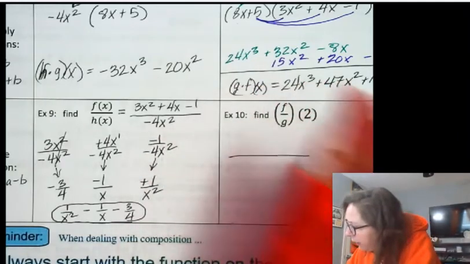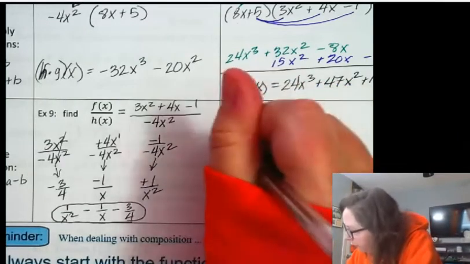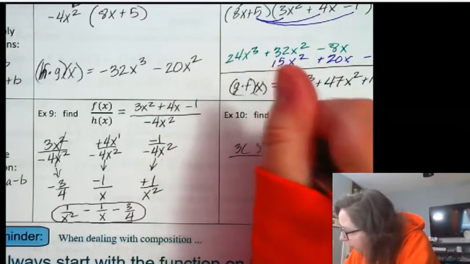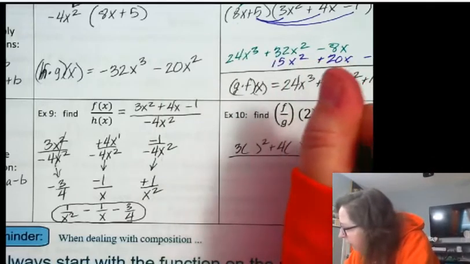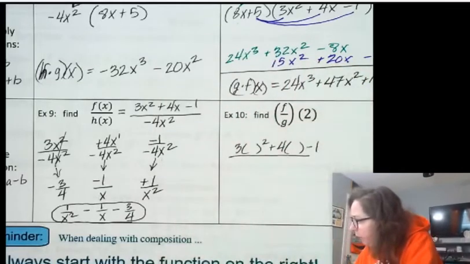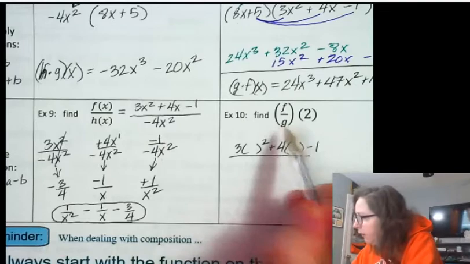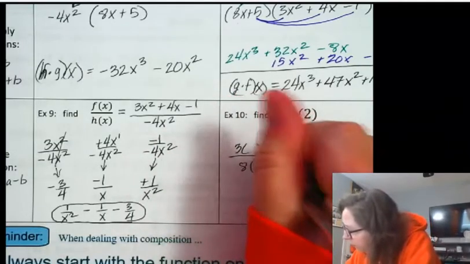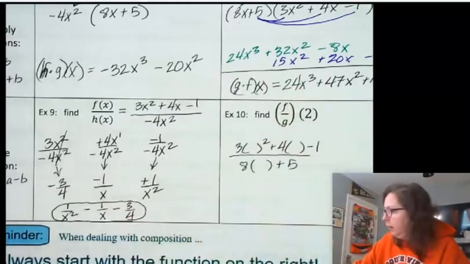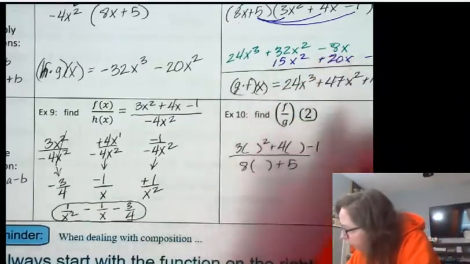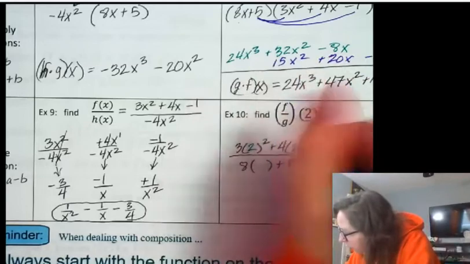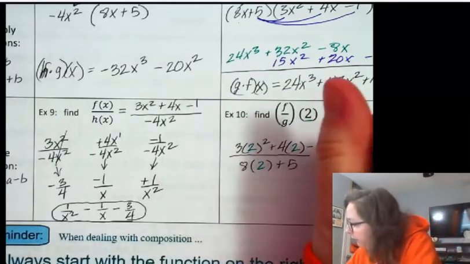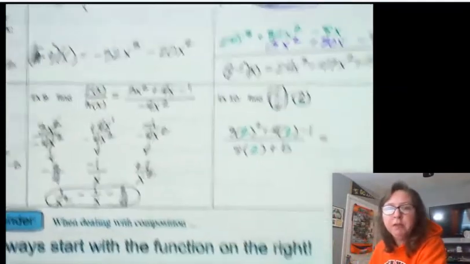The function f goes on top: 3x squared plus 4x minus 1, over the g function, which is 8x plus 5. And so they want me to plug in a 2. So in this case, I'm just simply going to be evaluating this, and my answer should come out to be a single number.